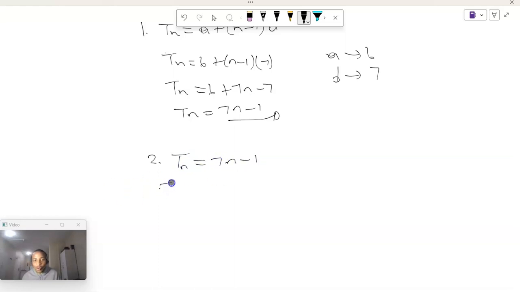So our T21 is equal to 7 times 21, substituting 21 for n, minus 1.